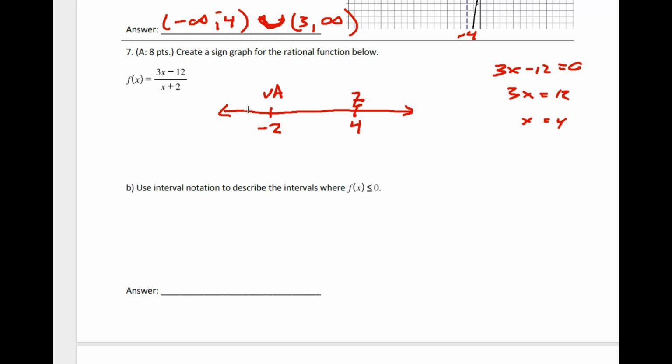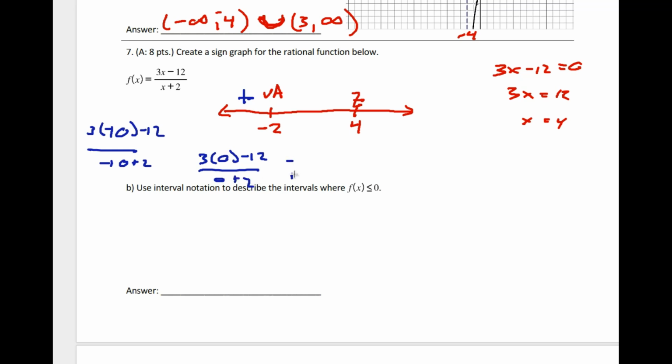So now I got to pick points and test the function. So I'm going to put in like negative 10. So 3 times negative 10 minus 12 over negative 10 plus 2. Well, this would be a negative number divided by a negative. That equals a positive, right? 0 is a number in here. If I put in 0, I have 3 times 0 minus 12 over 0 plus 2.